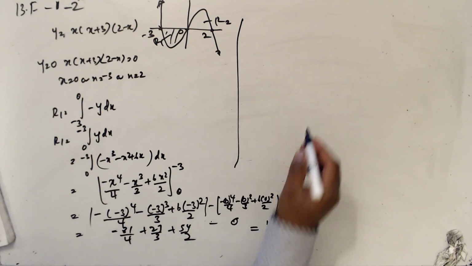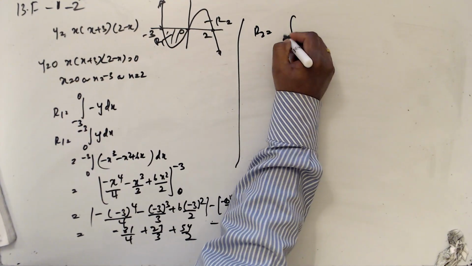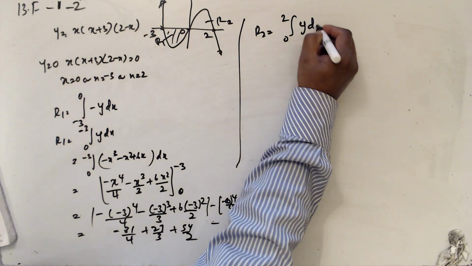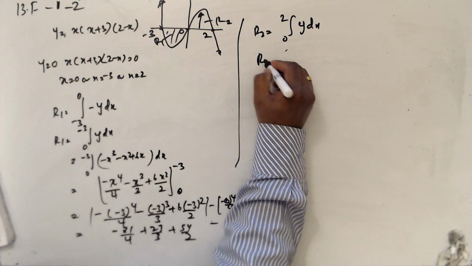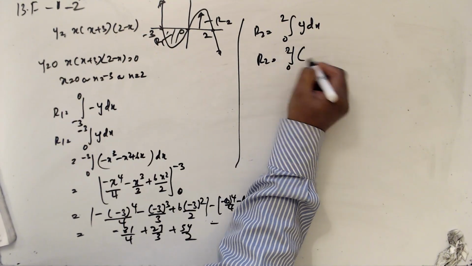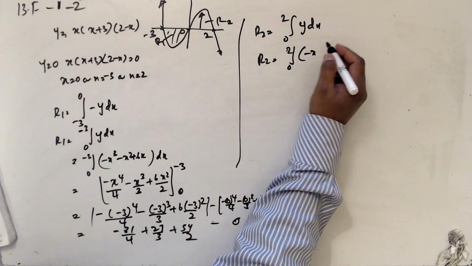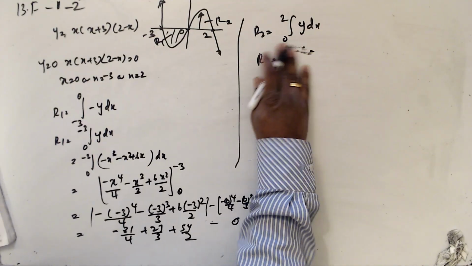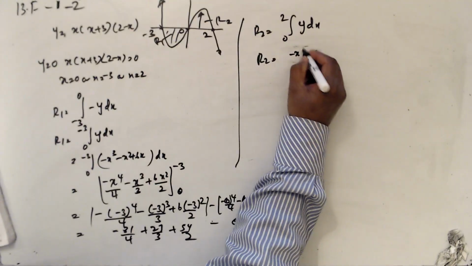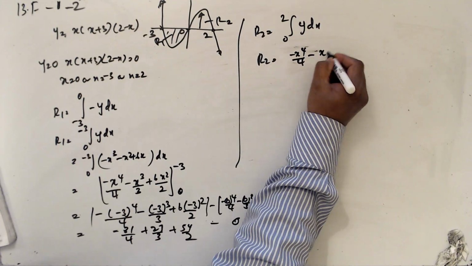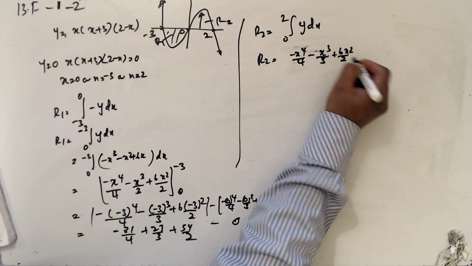Then R2 is from 0 to 2 of y dx, because it is in the positive side. So this is minus x cubed. Actually, I can use this integration, minus x to the power 4 over 4 minus x cubed over 3 plus 6x squared over 2.